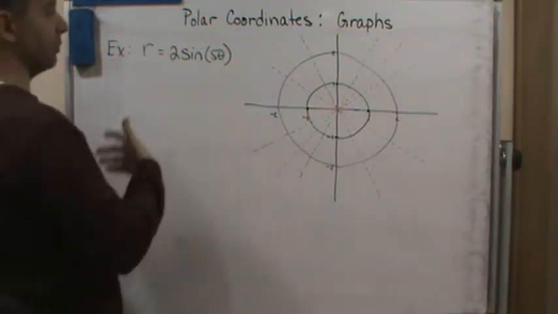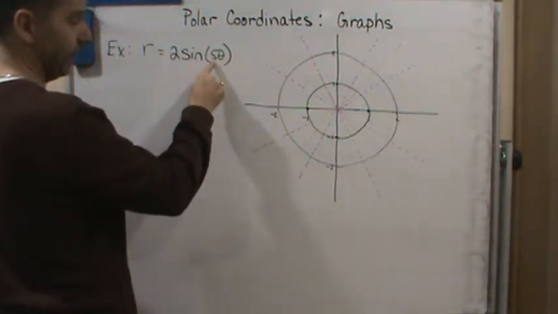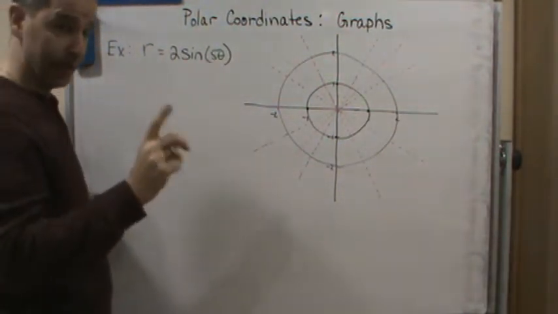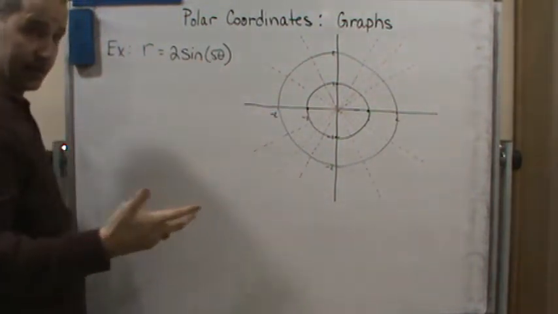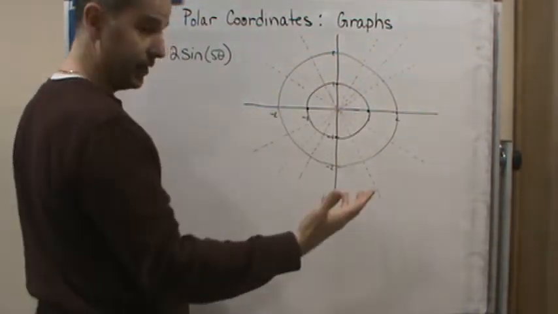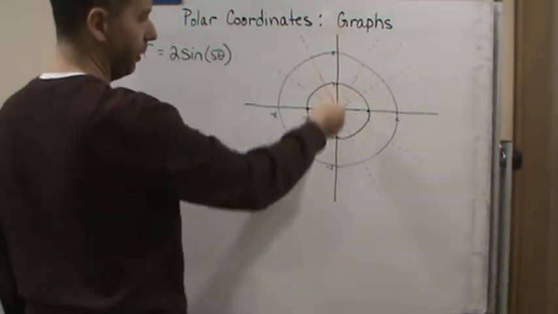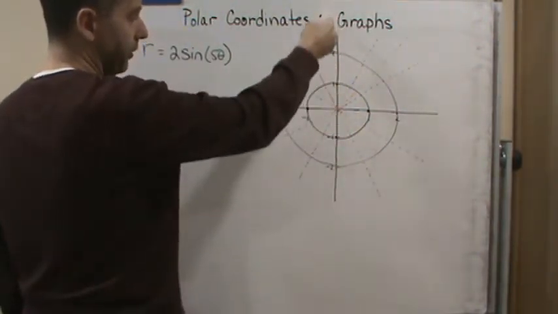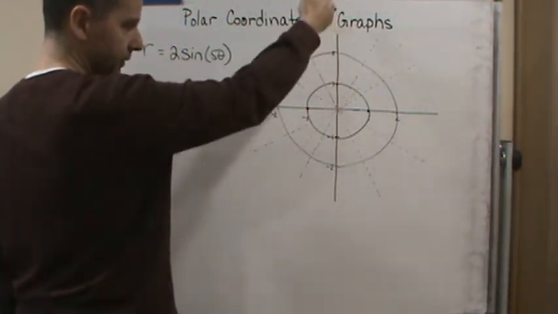Also, in this case, since we're dealing with a rose curve, look at the n value. n is 5. It's odd, which means we're going to have n petals, so in this case, 5 petals. Five is an odd number, and it's going to be symmetric with respect to theta equals pi over 2, which is the y-axis.